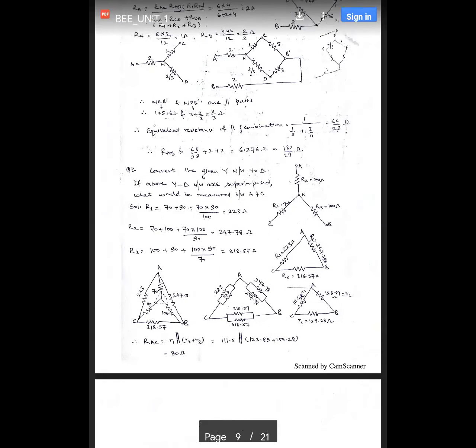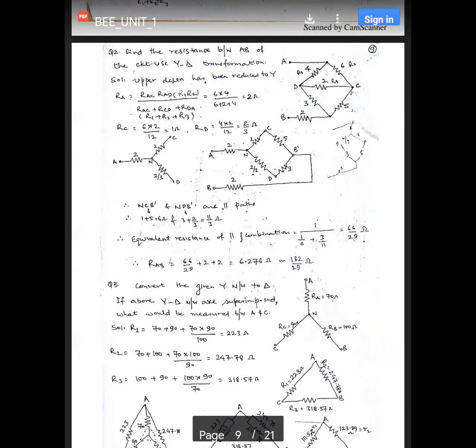So let's begin with one of these numericals. In this numerical, we have to find the resistance between A and B of the circuit using star to delta transformation.